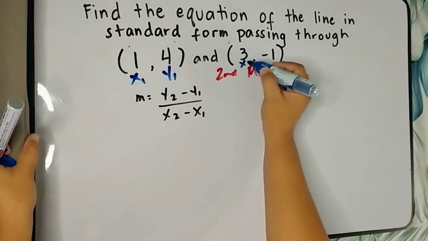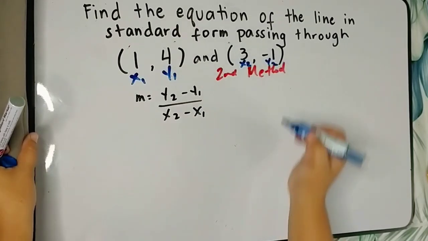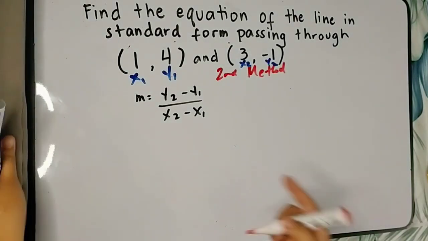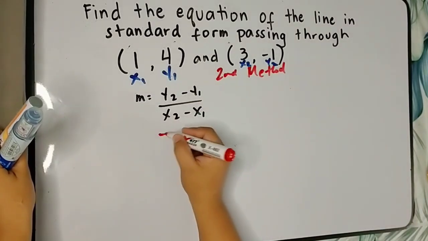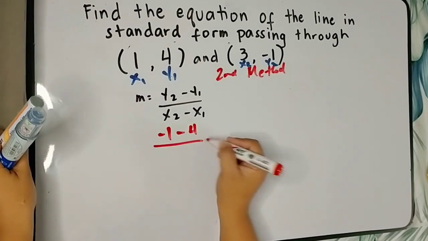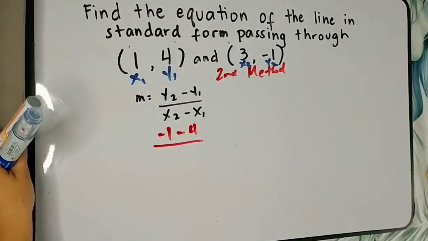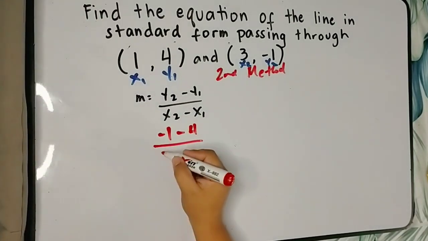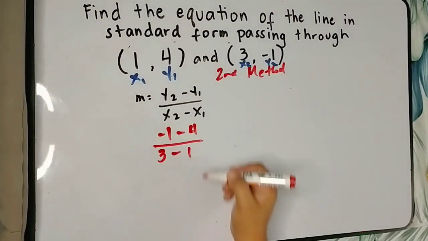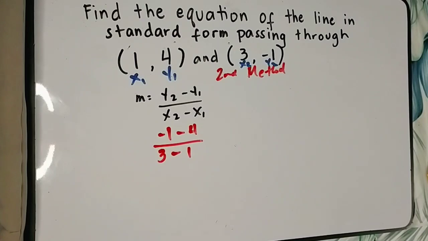Second coordinates, x sub 2, y sub 2. Apply the formula. Substitute. So, y sub 2, negative 1 minus y sub 1 minus 4 all over x sub 2. So, 3 minus x sub 1 minus 1.